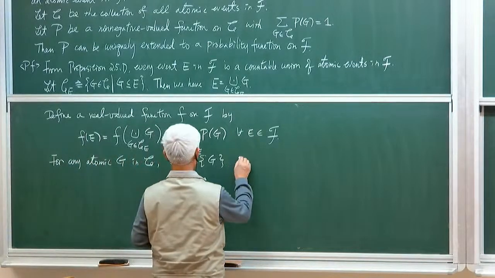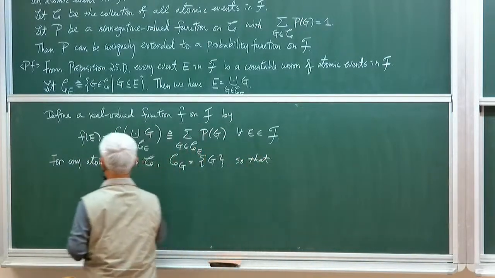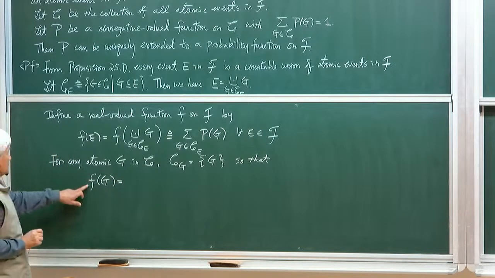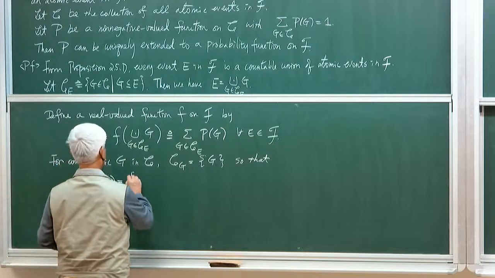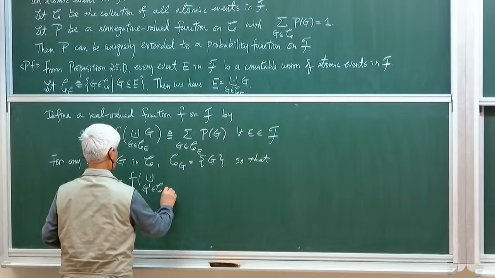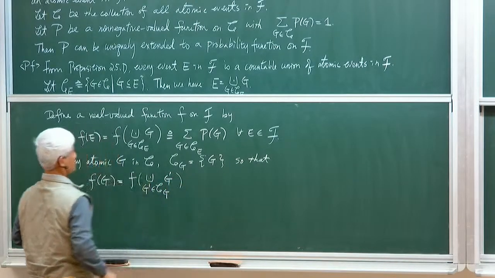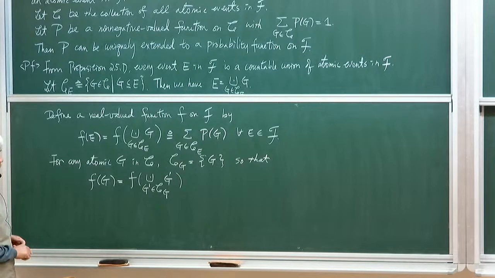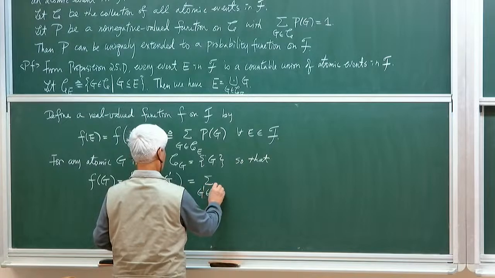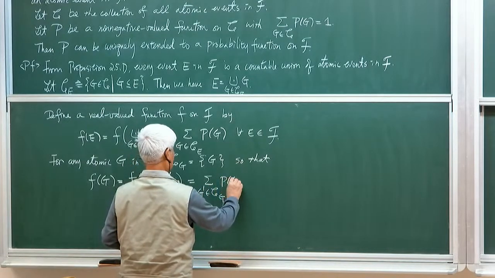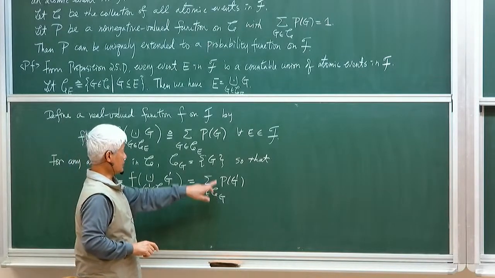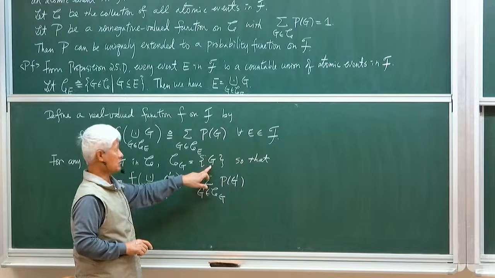So when we evaluate these functions, by definition, this collection consists of only one member, which is G itself.